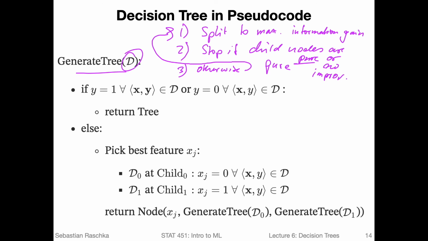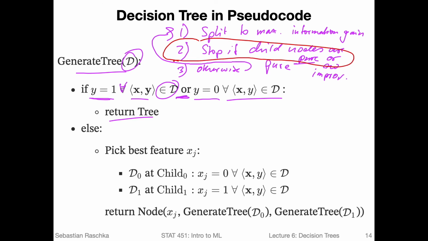If all the examples in this data set D are from class 1, where this symbol means for all, so if the class label is 1 for all data points in this data set, or if all the class labels are class 0 in this data set D, then return the tree. Then we stop. This would be our stopping criterion. Remember, in recursive algorithms we usually put the stopping criterion first.